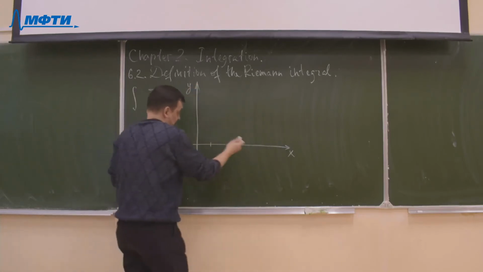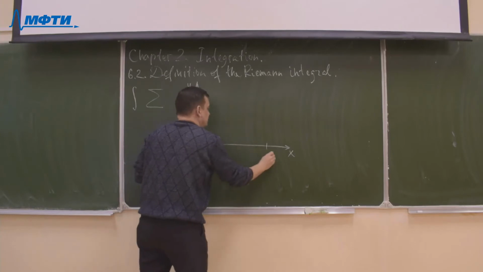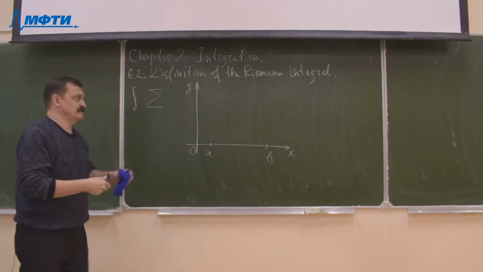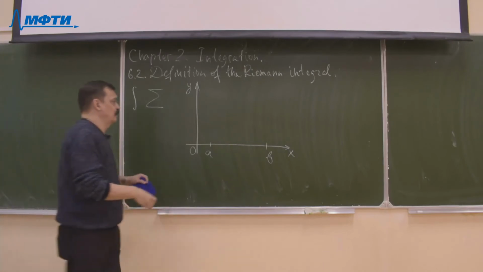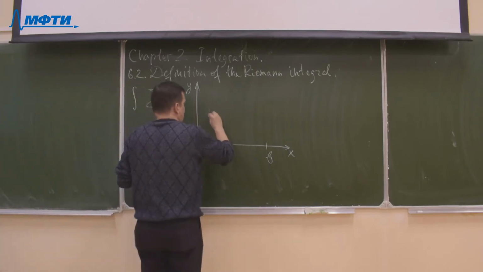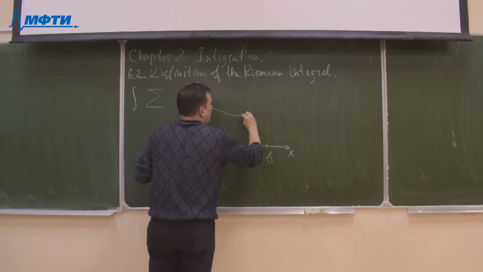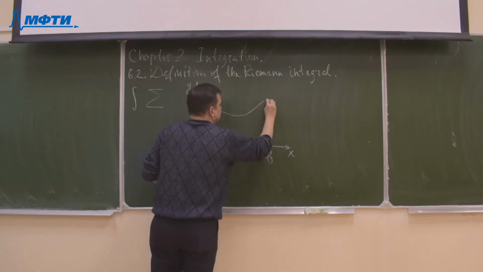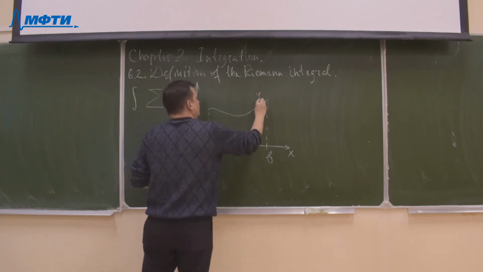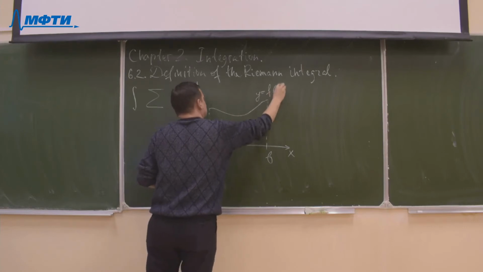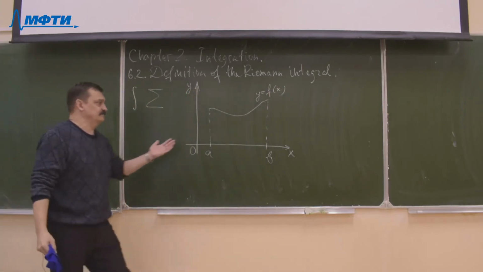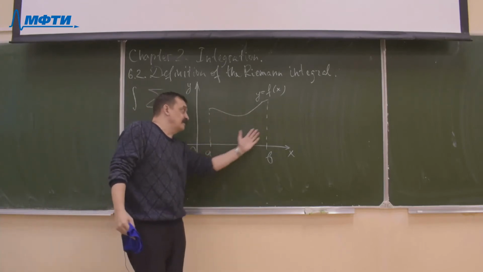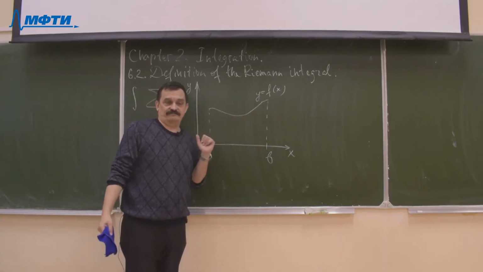Of course, a non-negative function, otherwise it makes no sense to represent it as an area. So we have a non-negative function, y equals f of x. And we are interested in understanding what the area under this graph is.